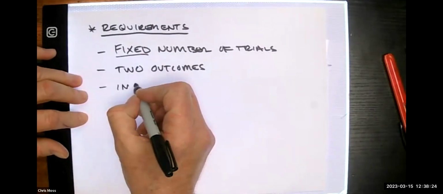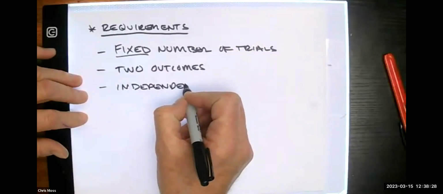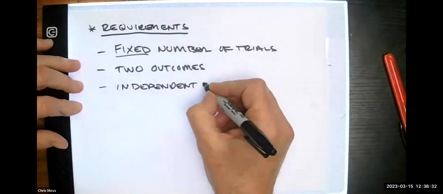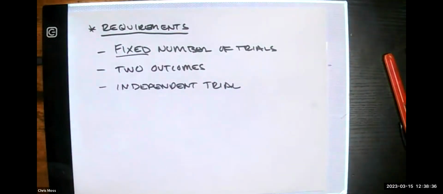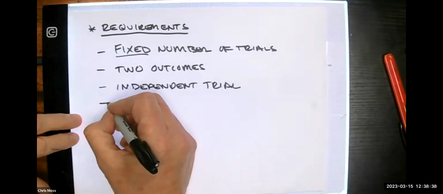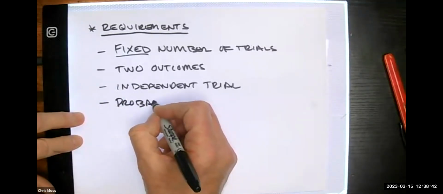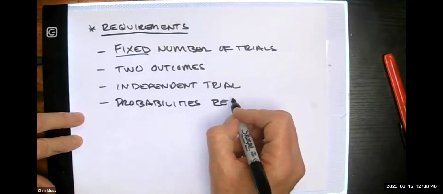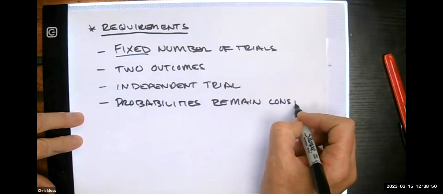The trials should be independent in the sense of chapter 4, in the sense that one outcome does not affect subsequent trials, and probabilities remain constant.